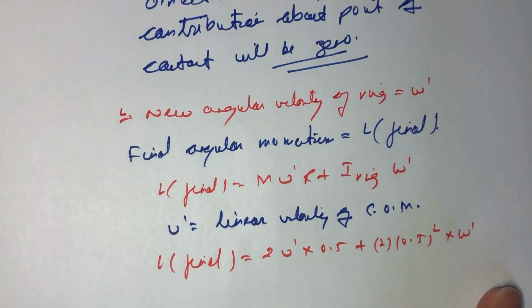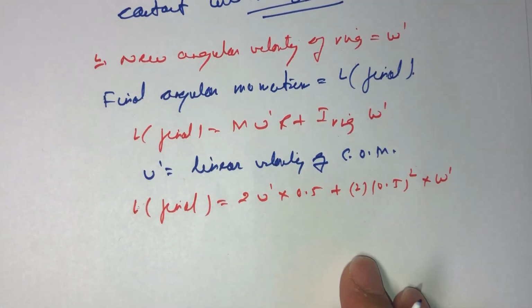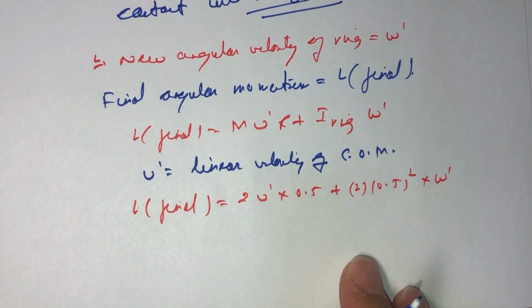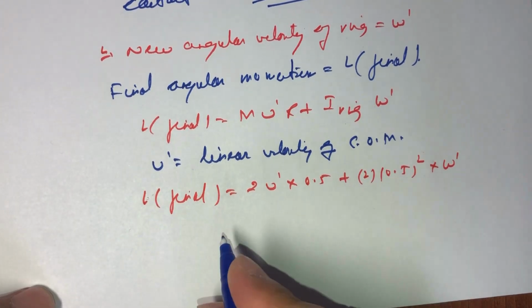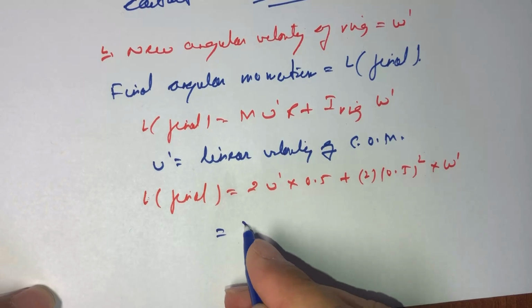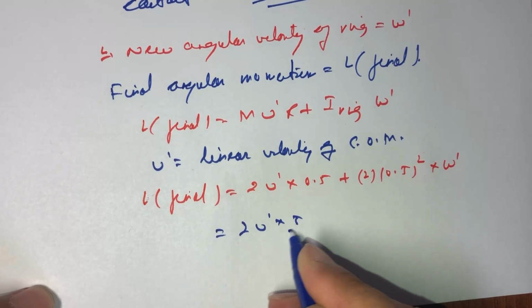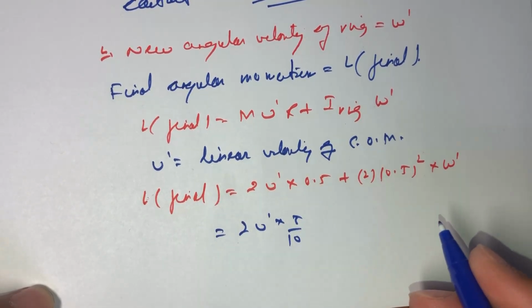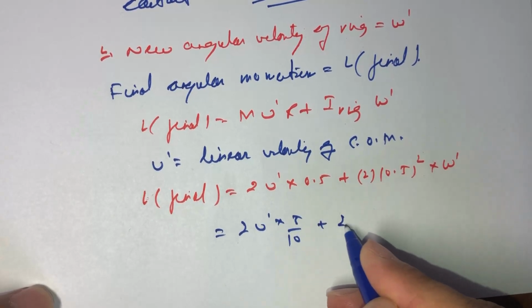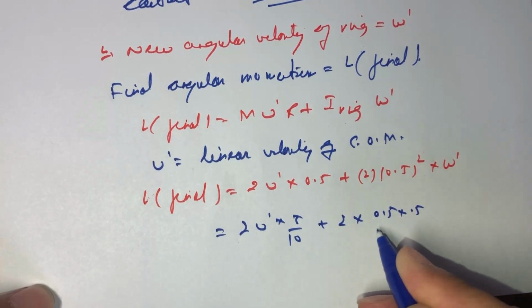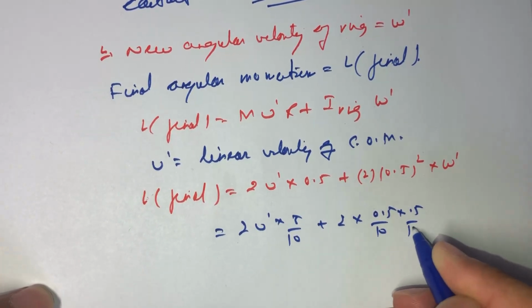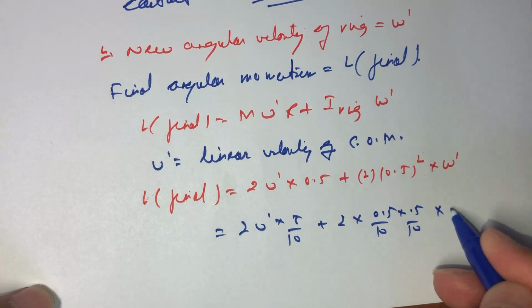So L final will be equal to 2 v prime into 5 by 10, plus 2 multiplied by 0.5 multiplied by 0.5 omega prime.